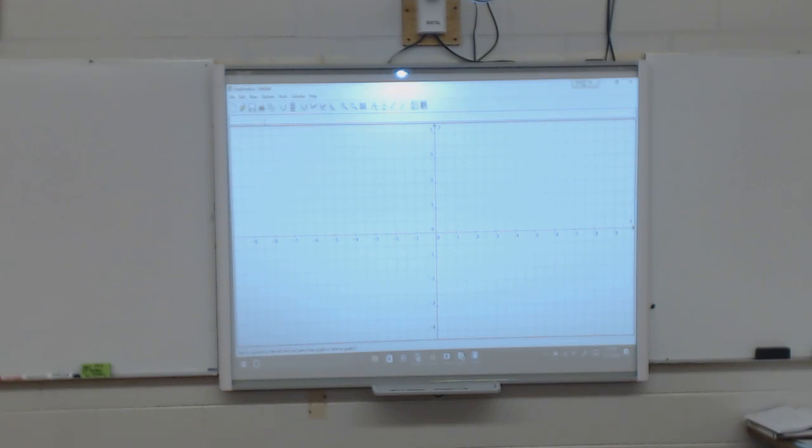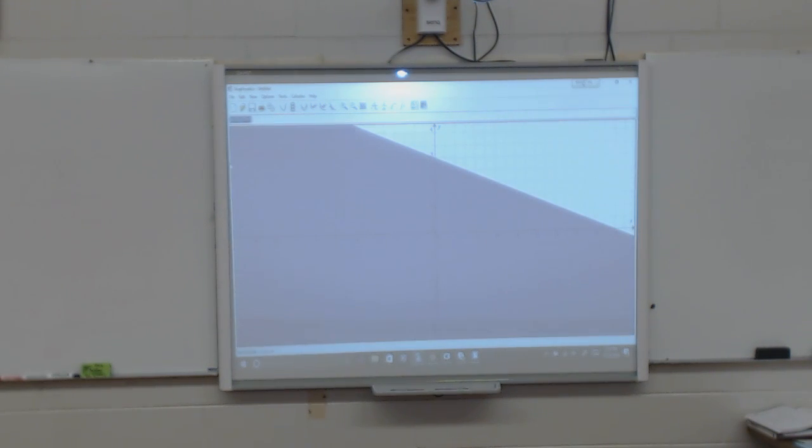Okay, so the first equation was x plus 3y is less than or equal to 9, right? Oh, there was an error in the equation, that should be a plus. Okay, so there's the first one.